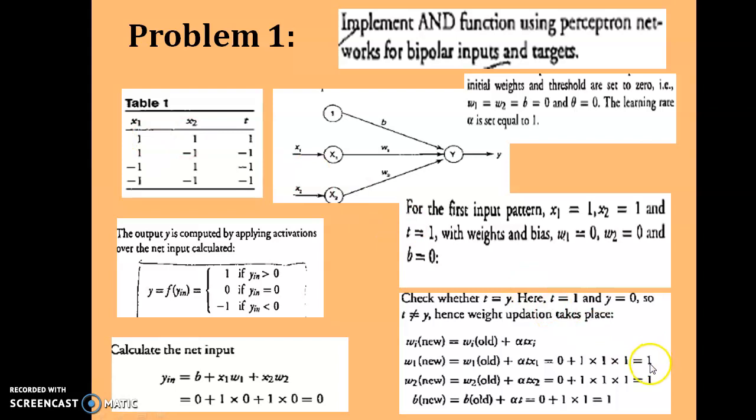So the output will become 1. w2 new equals w2 old plus alpha into t into x2. w2 old is 0 plus alpha value 1, target we are expecting 1, x2 value was 1. So w2 new is also 1. Bias new equals bias old is 0 plus alpha value 1, t is 1. The value will become 1. I'll write everything in the tabular format, so that we will understand everything in a clear manner.